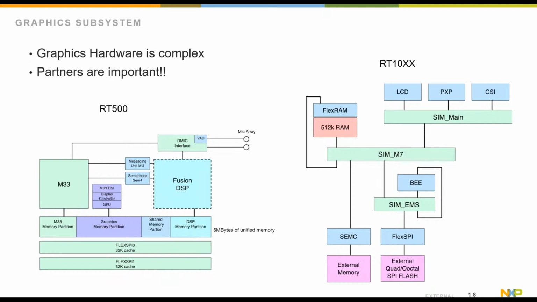We have an N33 that has access to a full 5 megabytes of unified memory, as well as a Fusion DSP. Then we have the GPU that can have allocations in 5 megabytes of memory. And there are two external memory interfaces, called flex PHYs. So we can attach to either NV, quad PHY flashes, or PSRAMs through those two interfaces.